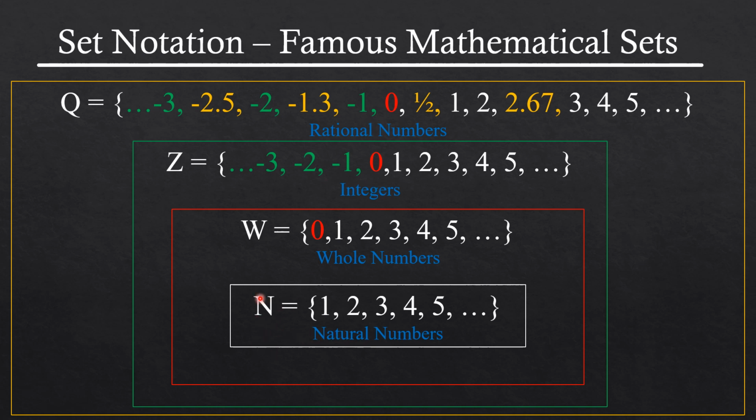So the natural numbers are the set N, the whole numbers are the set W, and the integers we call the set Z. Then, when you take the integers and add in all of those numbers in between, like fractions and decimals, that is called the rational numbers, the set Q. All right, these are famous mathematical sets.